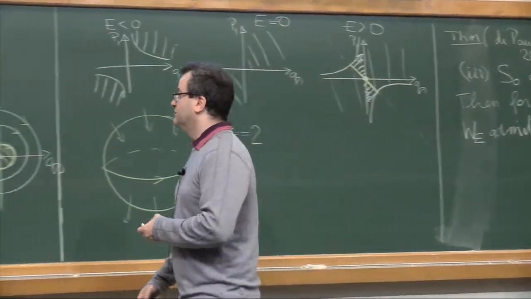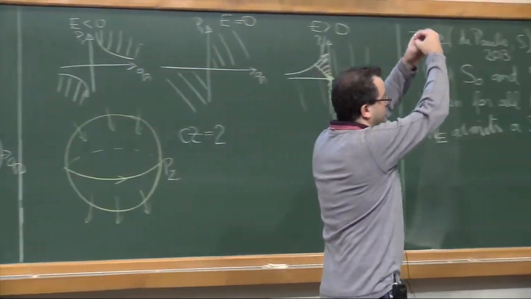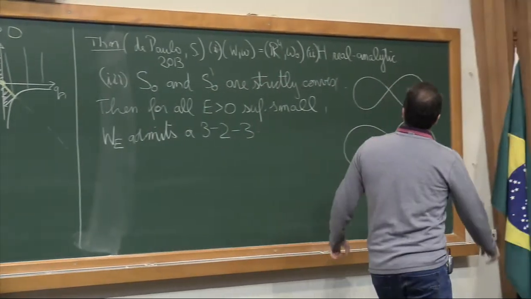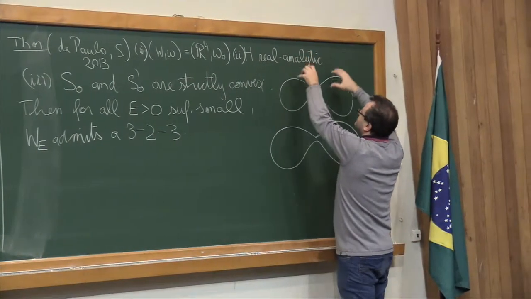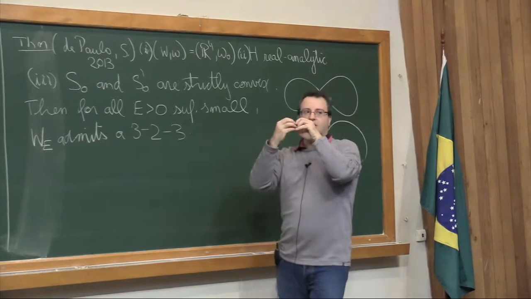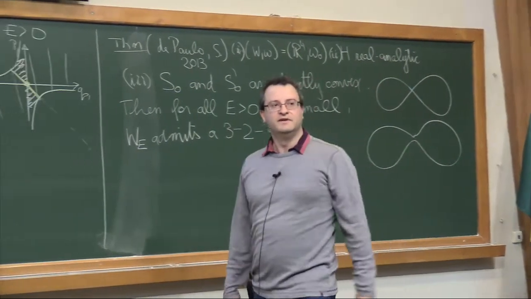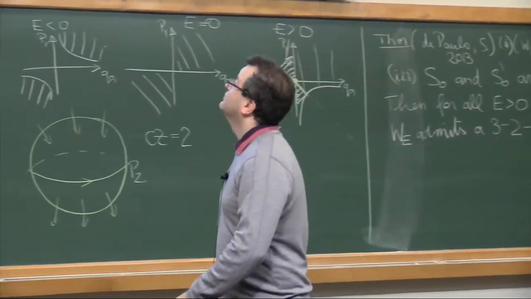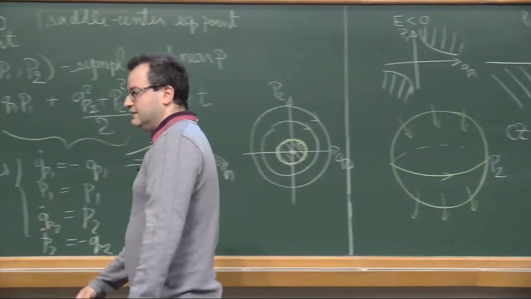So those two components that collide here, components of the energy level, instead of being sphere-like, they are RP3-like components. So we will consider this situation.